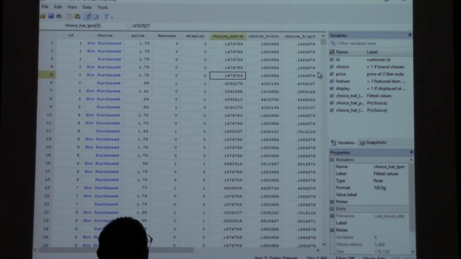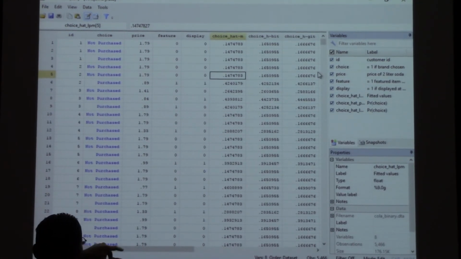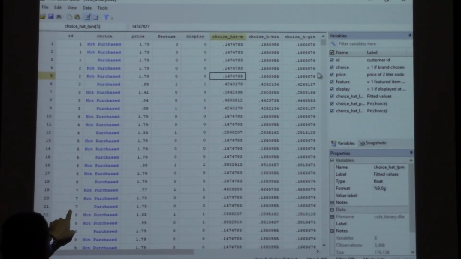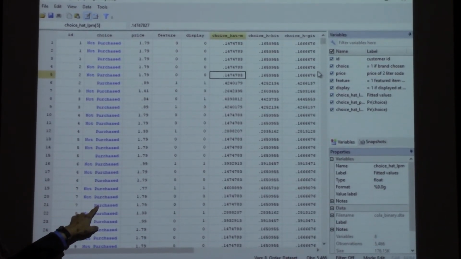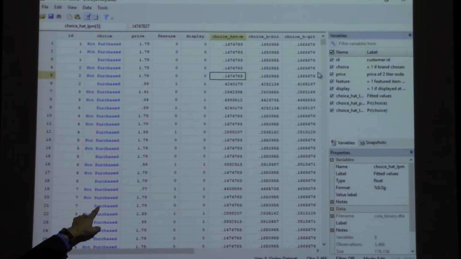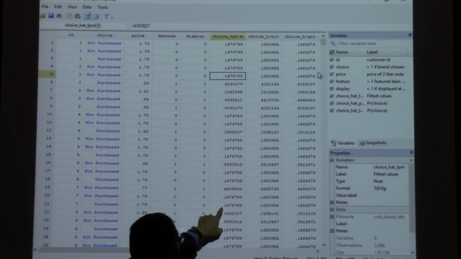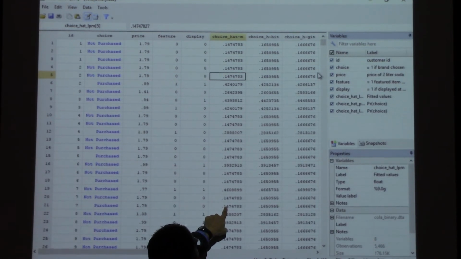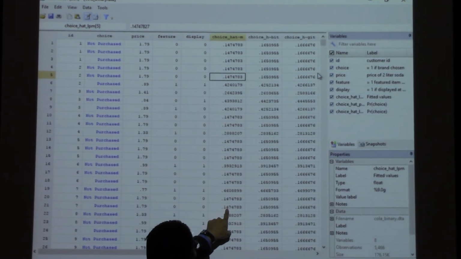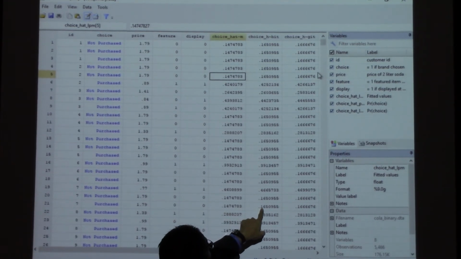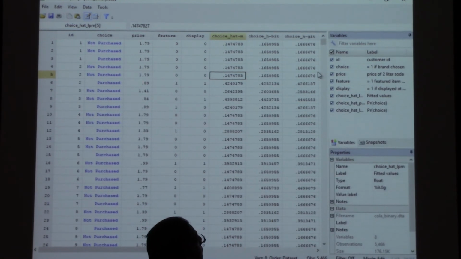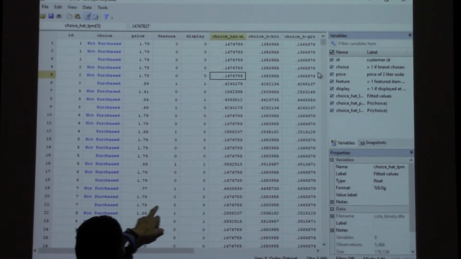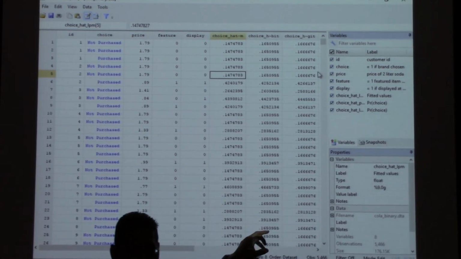So let's take observation 21, which was a purchase, and see whether it would be predicted to purchase. In our linear probability model, LPM, it's 0.14. Our probit was 0.16, and our logit was pretty close to the same thing, 0.16 again. Remember, that was a purchase. Is that a very good prediction?